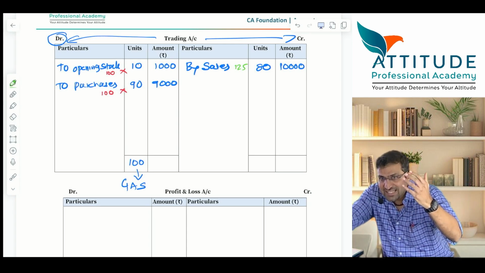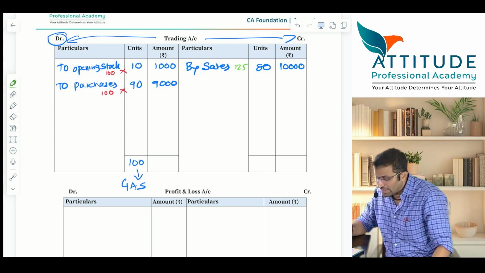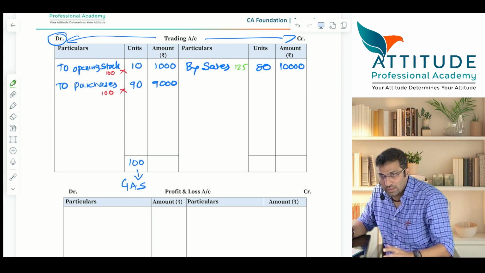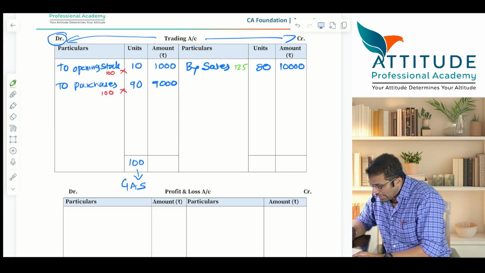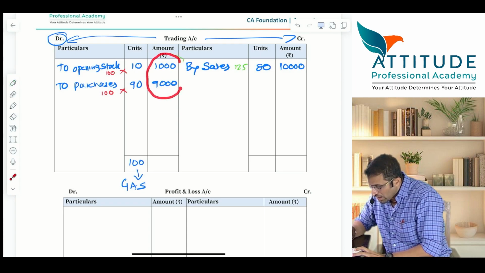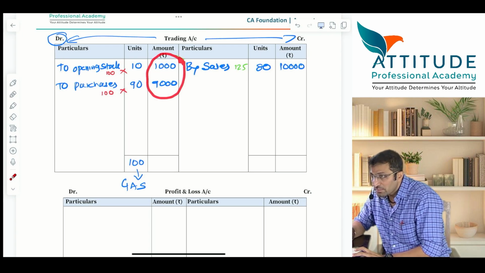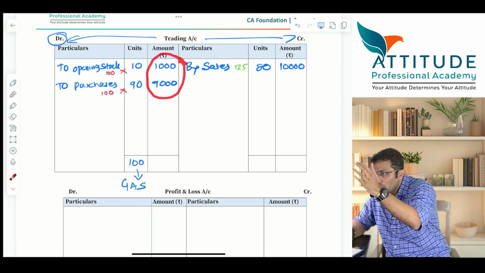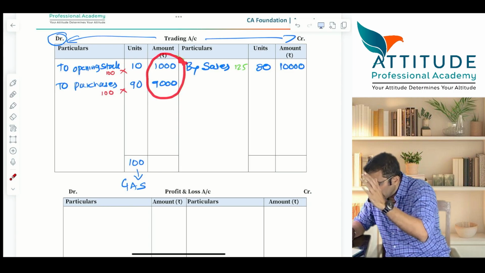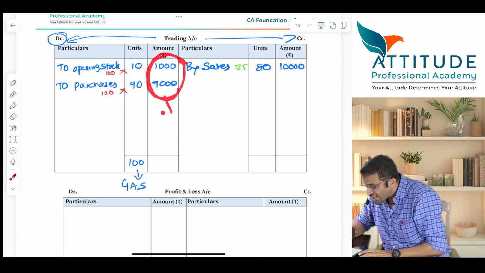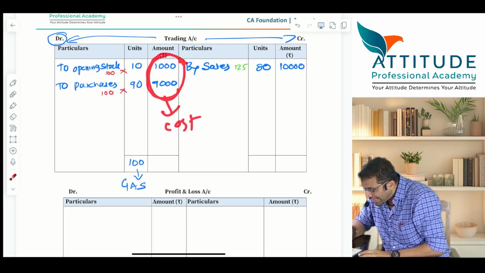Now look at this concept. Please concentrate. Total amount 10,000. All of you please concentrate. 10,000 is the cost price of 100 units.